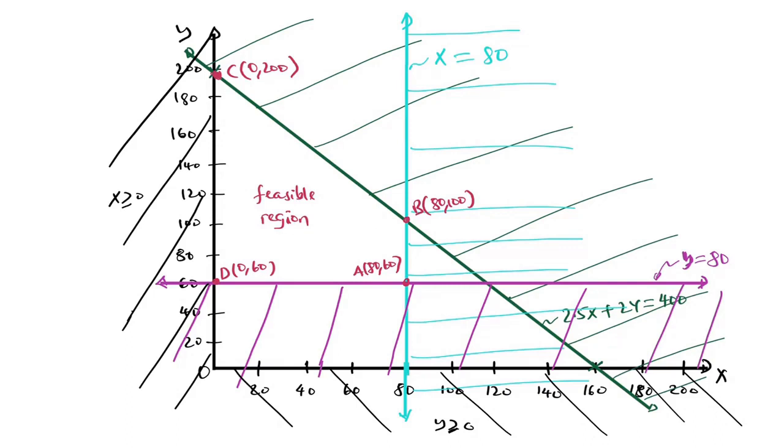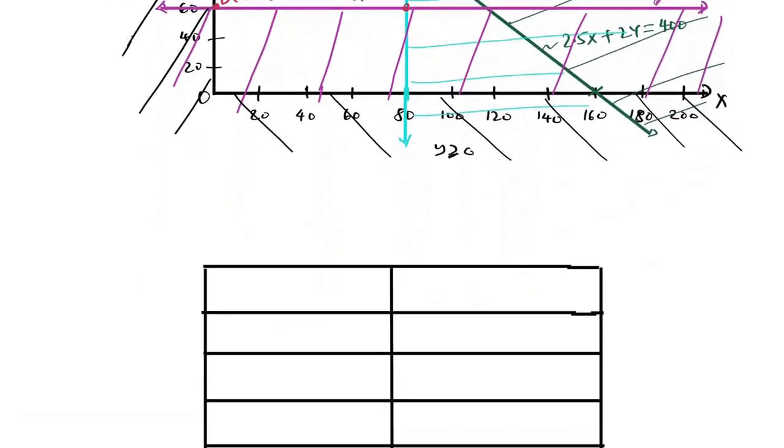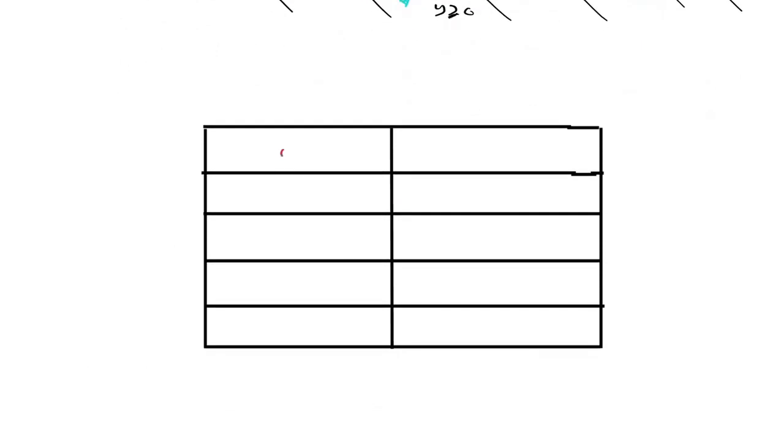From the graph we can extract the corner points of the feasible region, and then we are going to substitute the values into our given function. Let us prepare a small table which is going to have the corner points and the objective function, which we have been given as f of x, y equals 300x plus 200y.